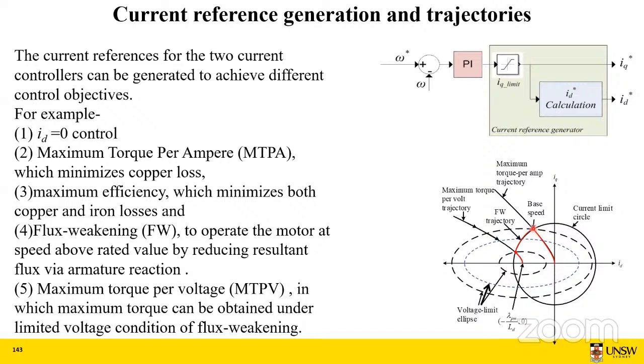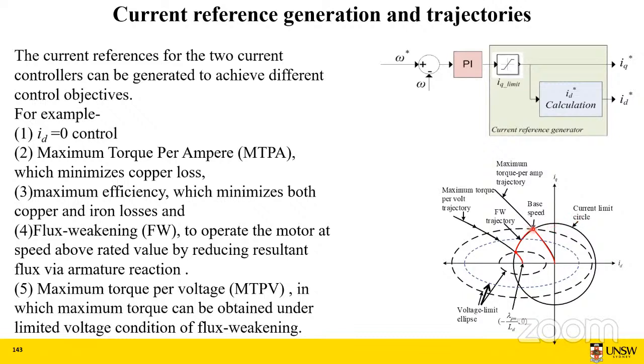MTPA operation is when you have constant torque. Remember, in your EV torque-speed characteristic, we have constant torque, and then the torque starts to fall to give us the constant power operation range when we go to a speed higher than the rated speed.